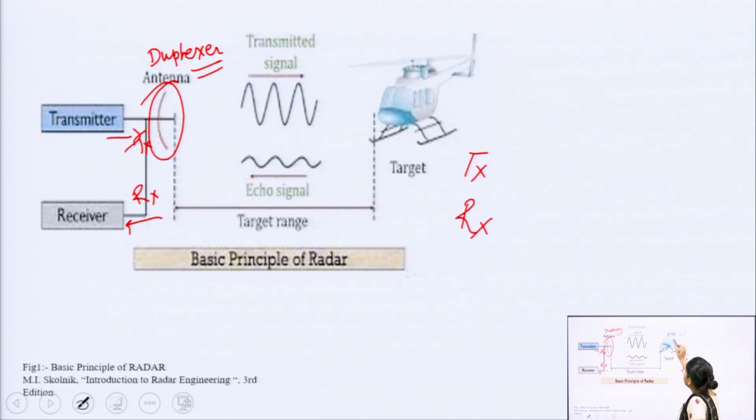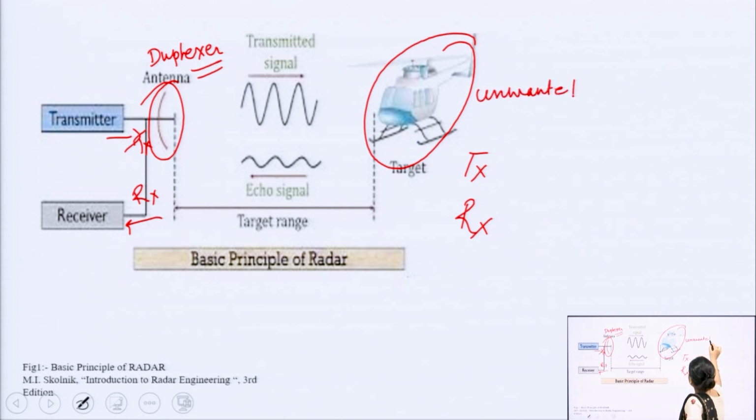Now, this is our target, or we can say an unwanted object which has entered the territory. So, what is going to happen? The signal is transmitted from the transmitter section, and the transmitting antenna transmits into free space.